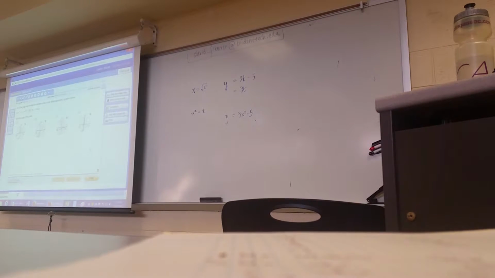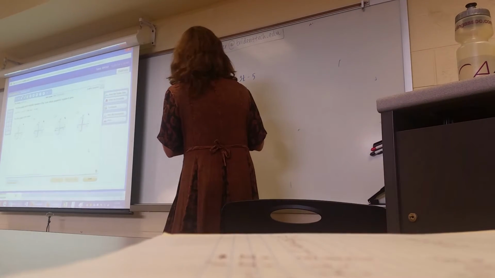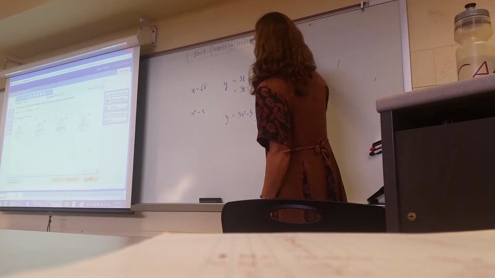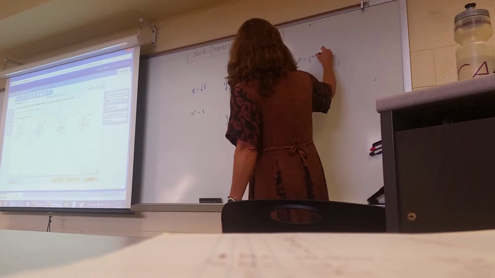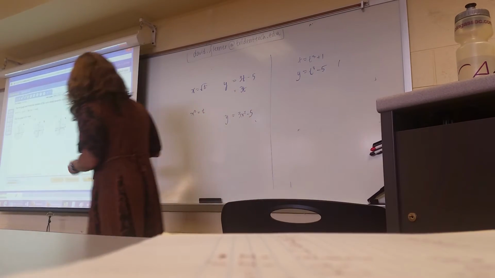All right, x is t cubed plus 1, and y is t cubed minus 5. For t is minus infinity to infinity, so now we want the whole thing. So t cubed plus 1 and t cubed minus 5. Is it?